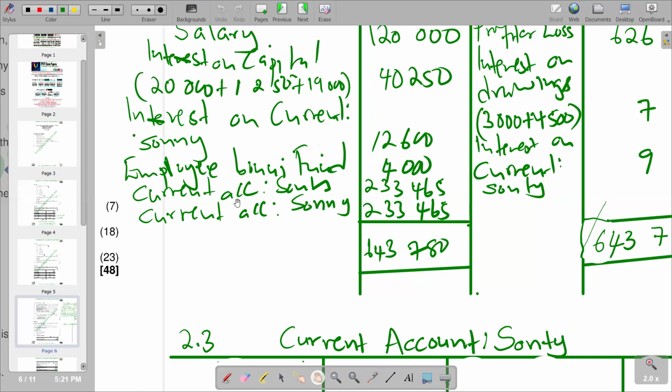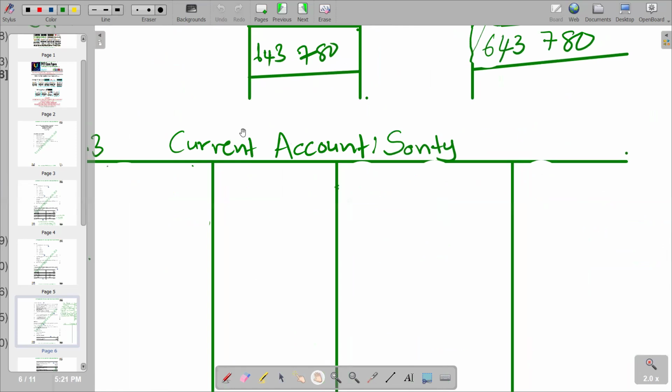So on the first part, we are going to prepare the current account of Sonty. We are only concerned about the share of profit of Sonty, which is the first one. We see that we have the same amount, which means they share their profits equally. So we've got 233,465 that we are going to start with, transferring to Sonty's account.